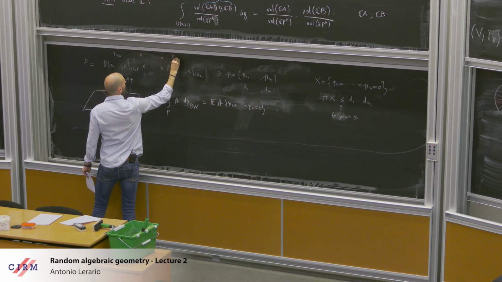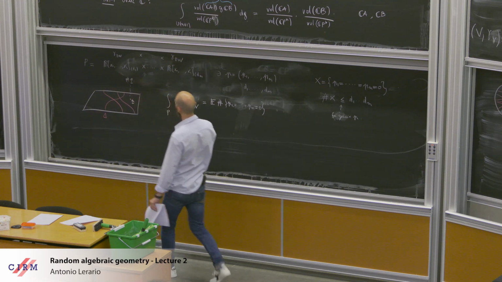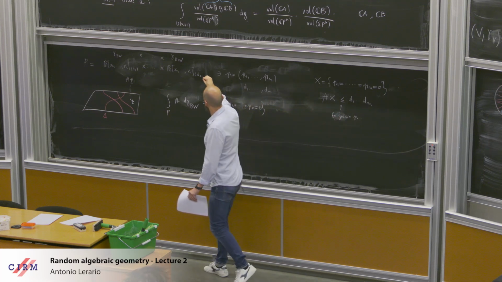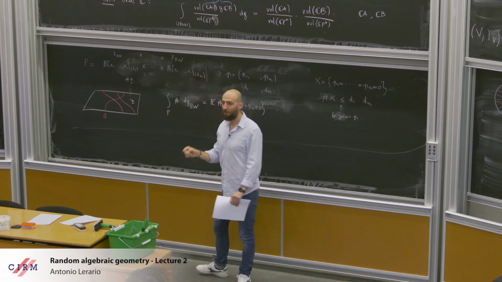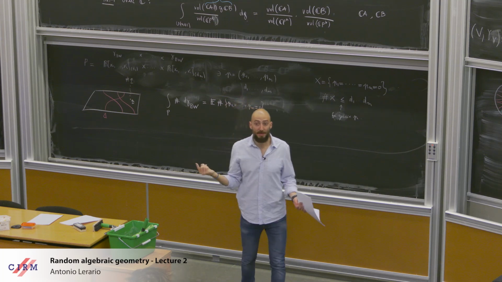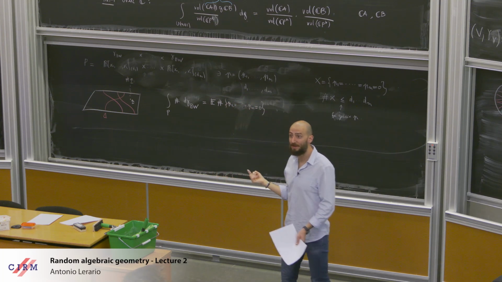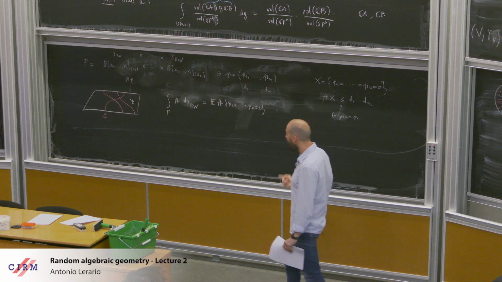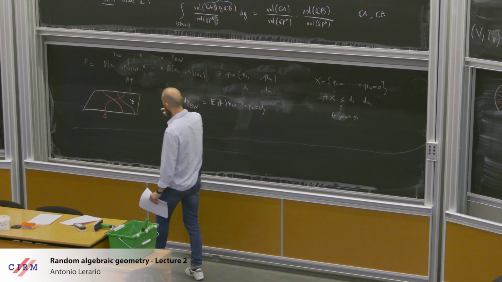If you take the special case n equals 1, you just have one random polynomial on RP1, and you want to know the expectation of the number of real zeros with respect to the Bombieri-Weyl measure.